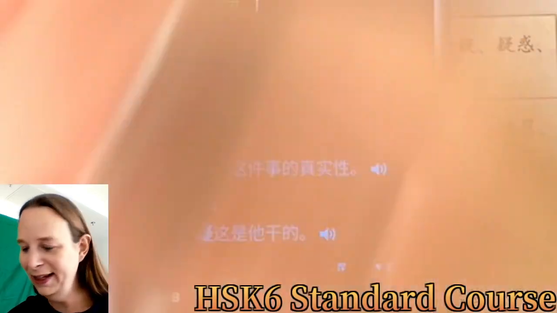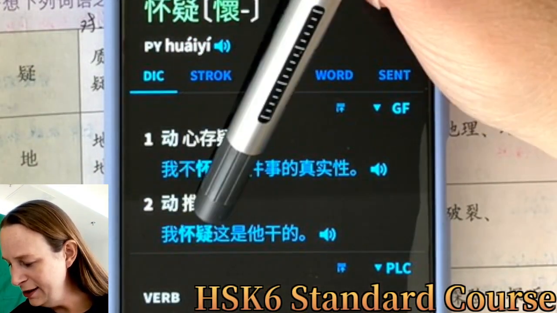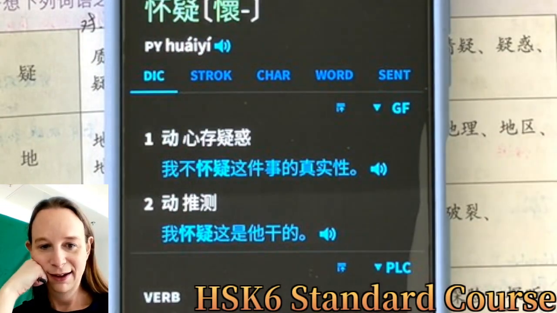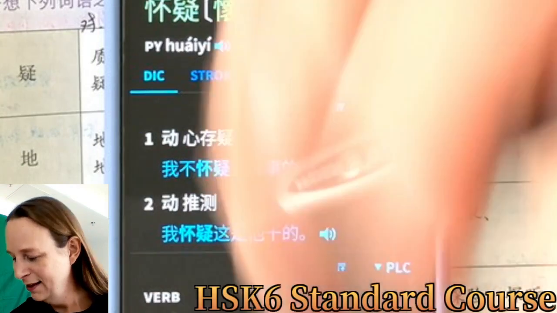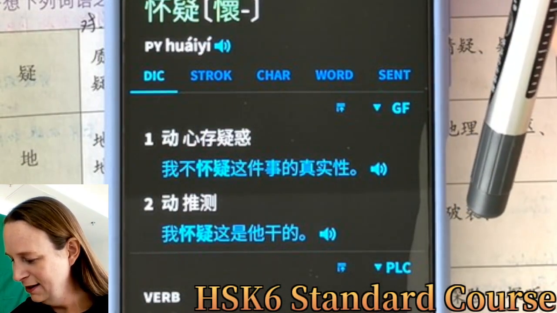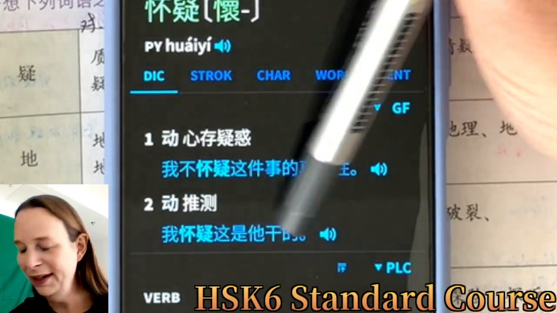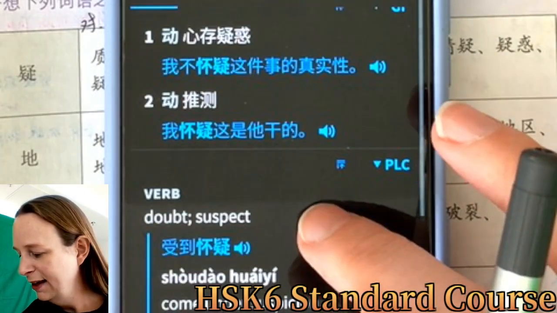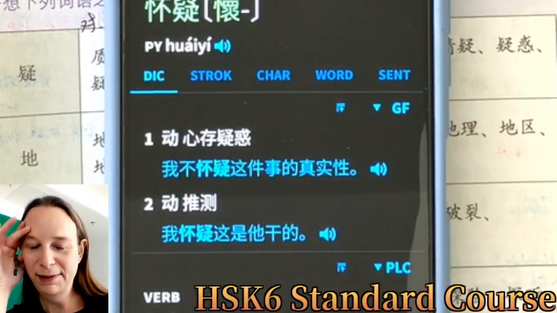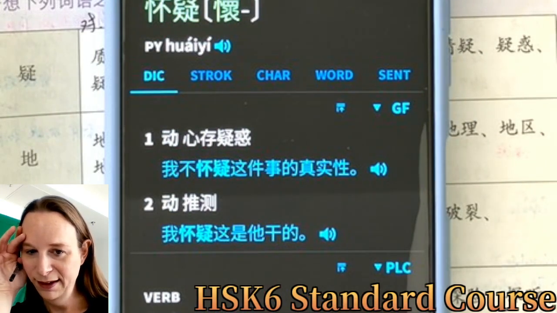Okay, this means 推测. 真的吗? So this means I infer that this was done by him. Maybe it means like suspect. Yeah, suspect in English. I suspect this was done by him.